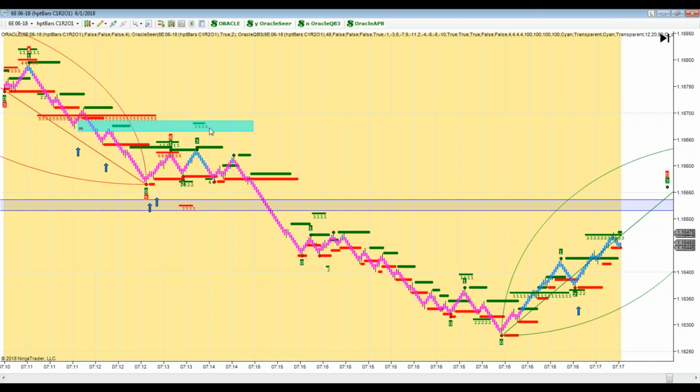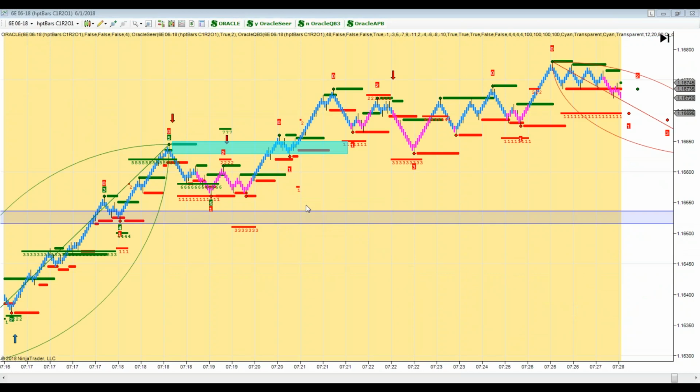The reward to risk on this trade alone was closer to about 30 or 40 to 1. And again, that's the power of trading these wave 5s if they're traded the proper way with the cyan band.